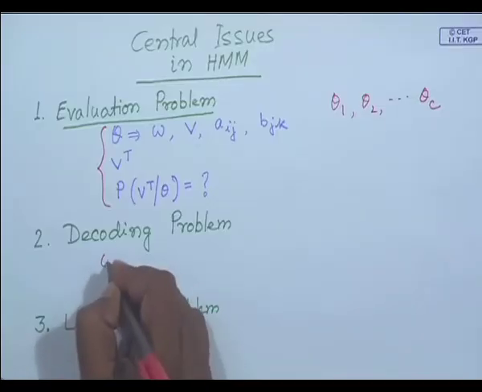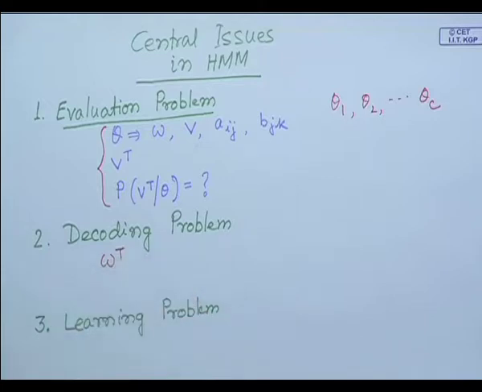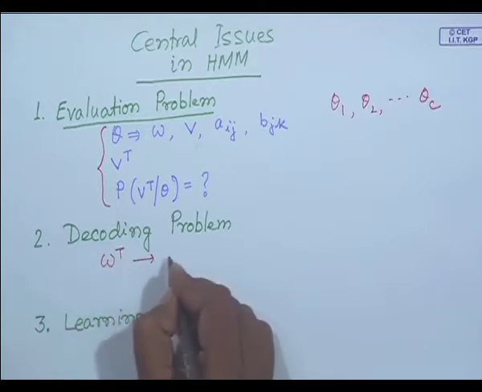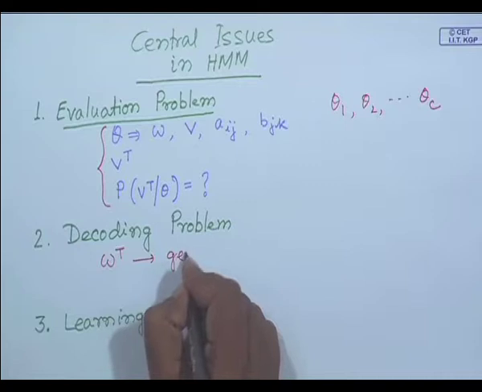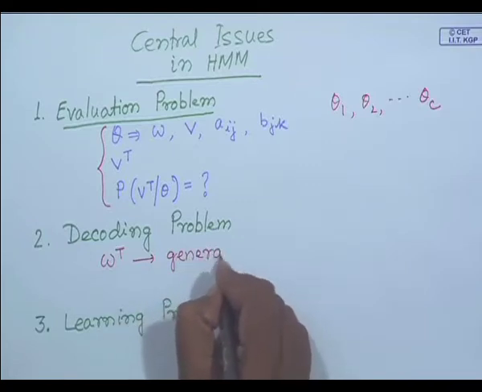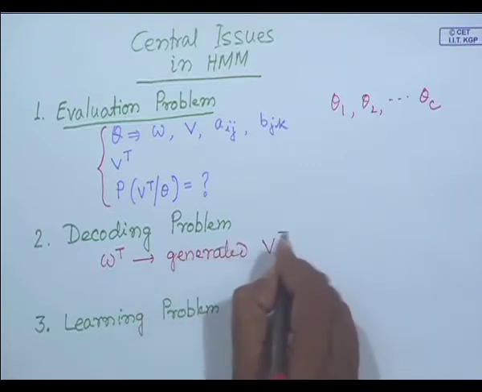The decoding problem asks for the most likely sequence omega t of hidden states which led to the generation of Vt. We want to find that sequence omega t which has generated this sequence Vt.